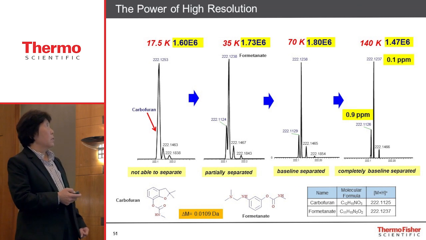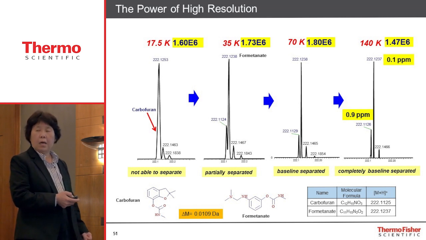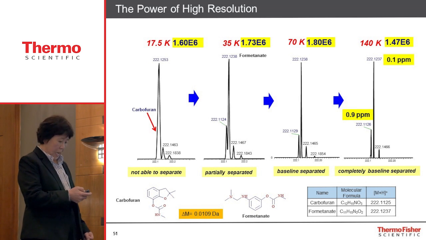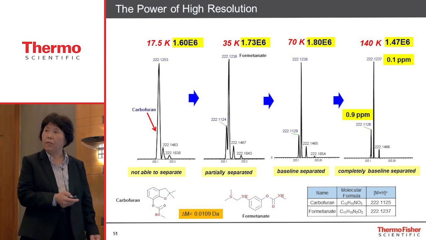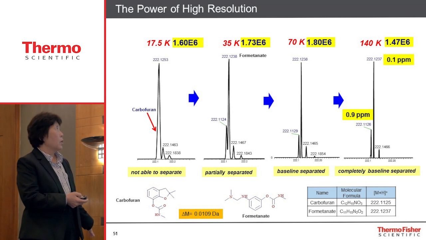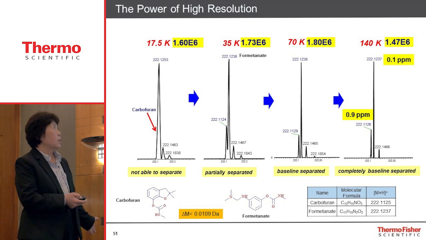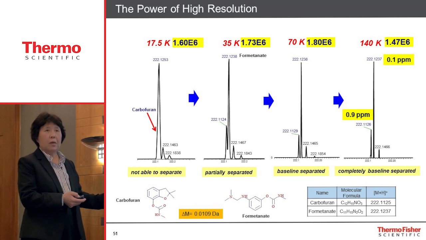So this is just a simple example of a mixture of 2 small molecule compounds at about a 1:3 ratio. At 17.5K, we can't separate them, right? At 35K, we can partially separate. At 70K, baseline separated.